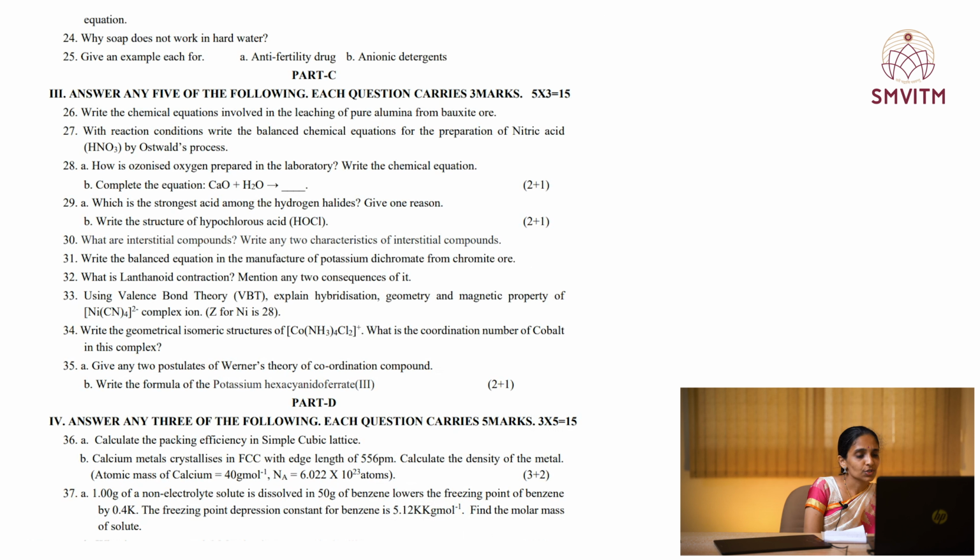Next is postulates of Werner's theory, expected question. What is the formula of potassium hexacyanidoferrate? The formula becomes, because the central metal ion is in 3+ form and cyanido ligands totally bear a charge of 6-, so 3 potassium ions are needed.